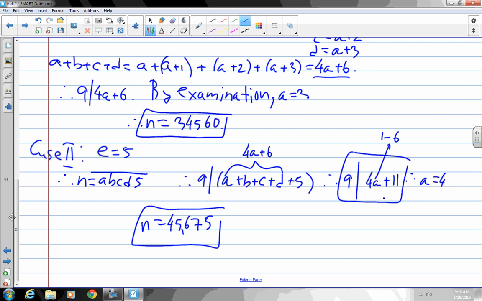So the only two numbers that are divisible by 45 and whose first four digits are consecutive. Isn't that fun? It was kind of weird at the beginning, but then we just started breaking it down. And this is totally legitimate, doing it by cases.